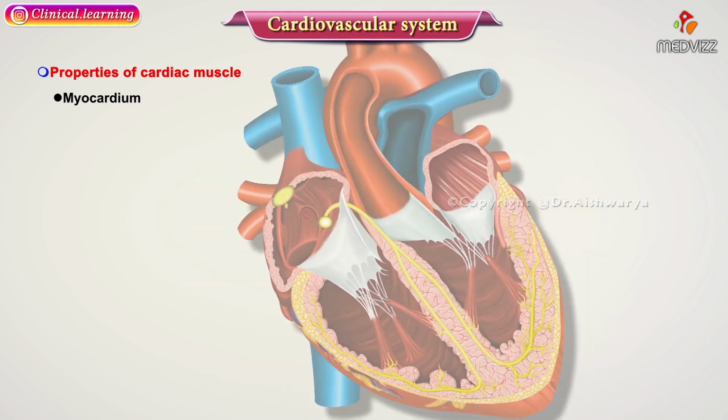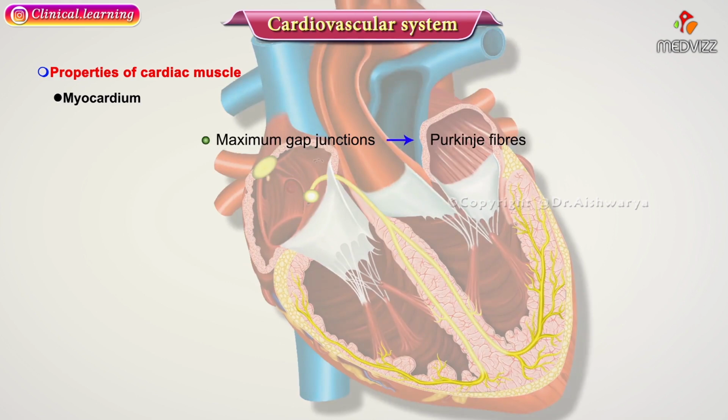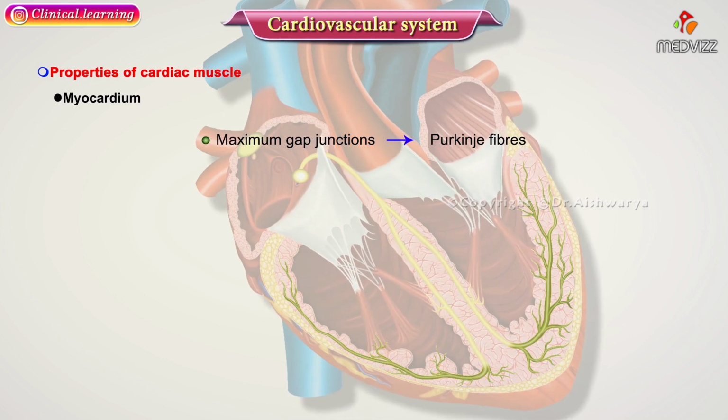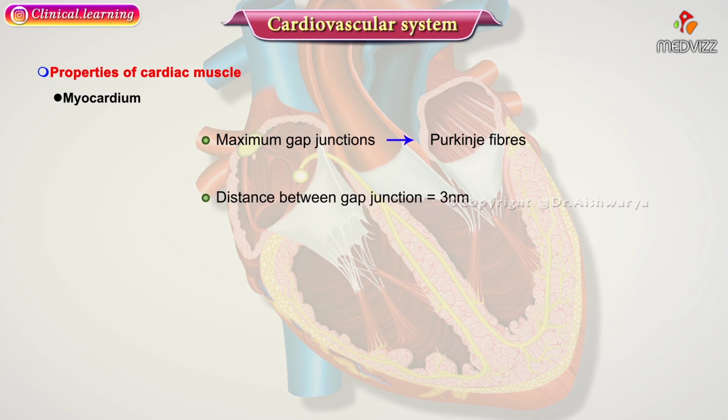Remember one important point: the maximum gap junctions are seen in the Purkinje fibers, and the distance at the gap junction is 3 nanometers, whereas the distance between other cells is 25 nanometers. Remember, gap is a 3-letter word, so the distance is also 3 nanometers.